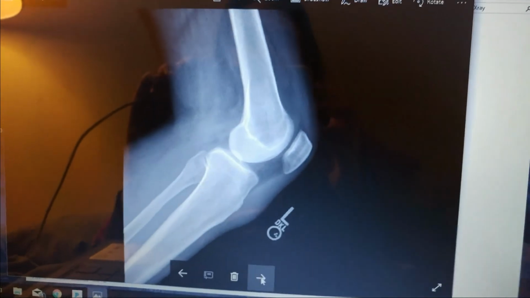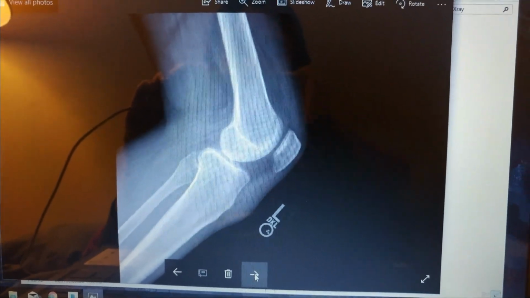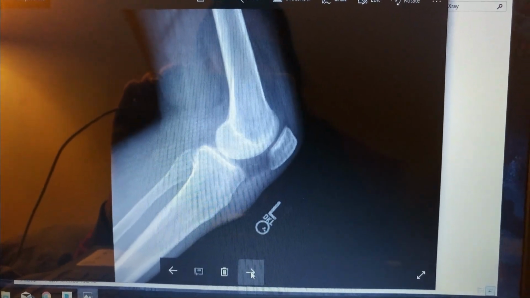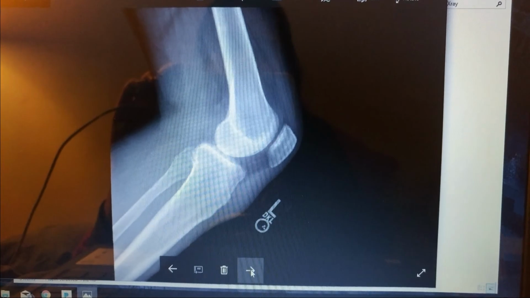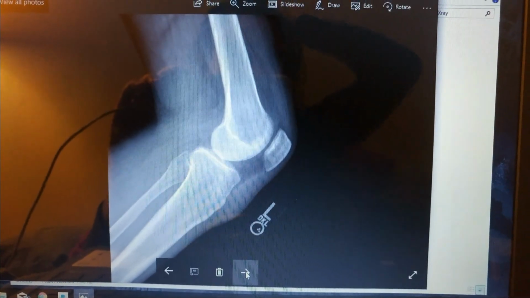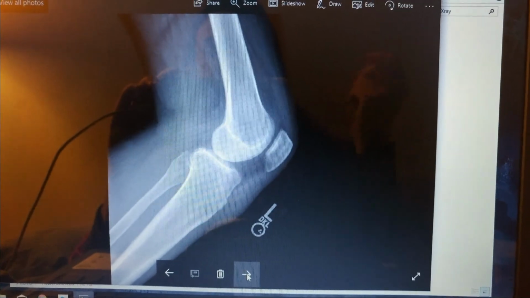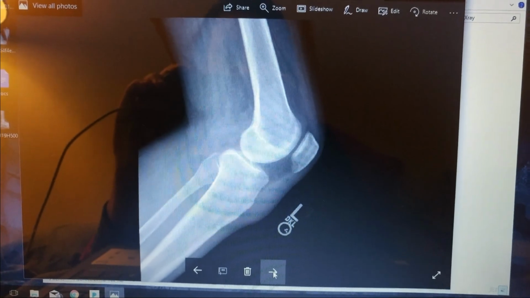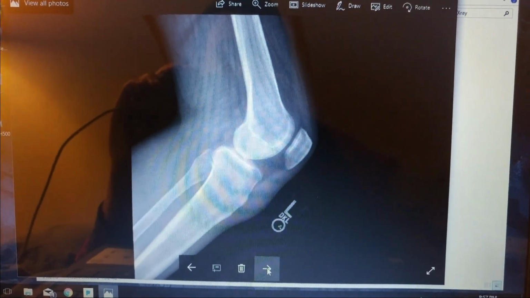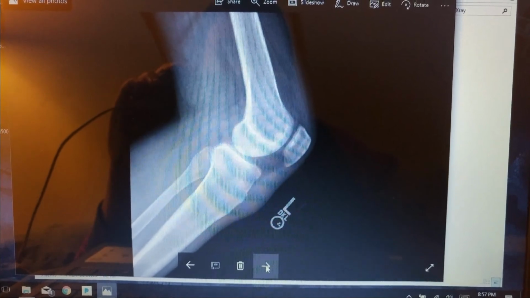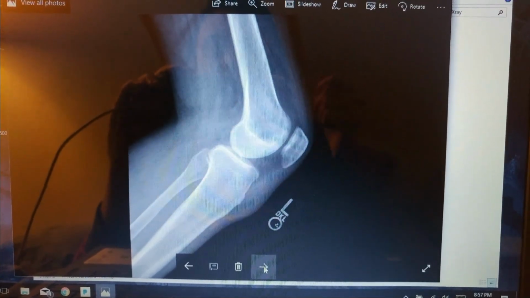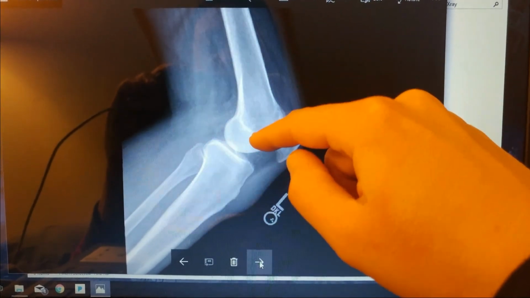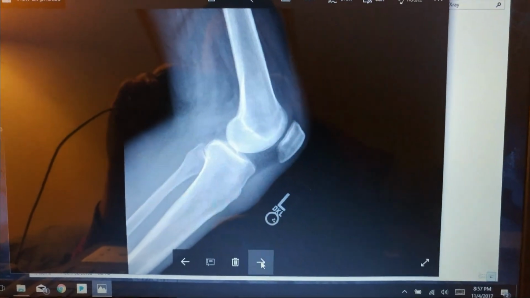So this is a lateral knee, and the central ray enters mediolaterally, and 1 inch distal from the epicondyle. So basically it's on the condyles of the knee.